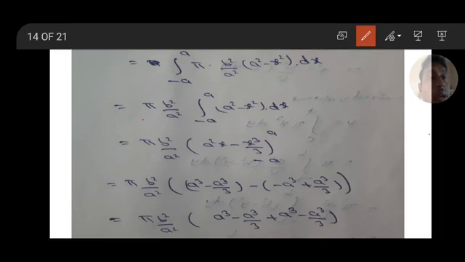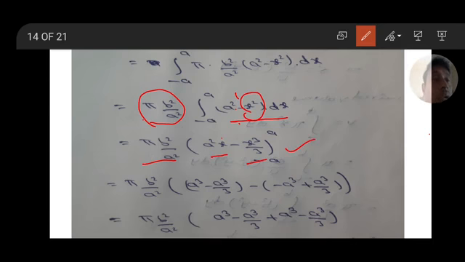Pi into b square by a square is the outside coefficient, minus a to a of a square minus x square dx. So constant as it is, a square is the coefficient, into 1. So integration of 1 is x, a square x, and x square integration is x cube by 3. So a square x minus x cube by 3, from minus a to a.